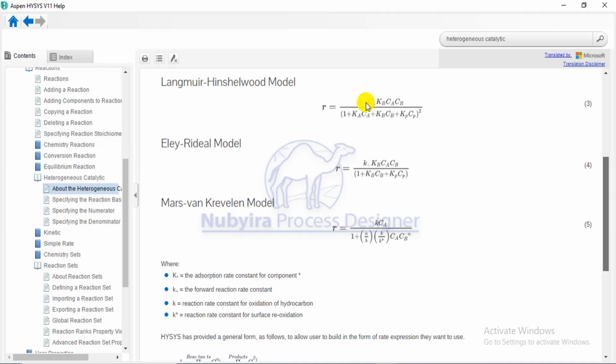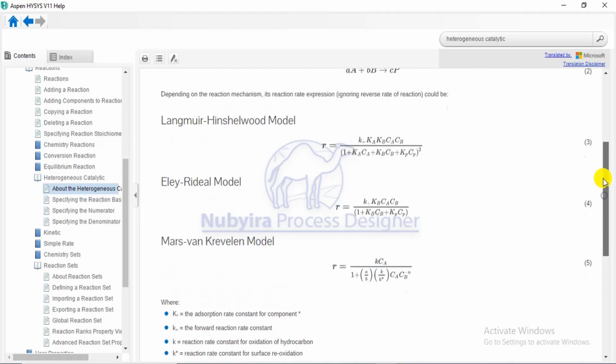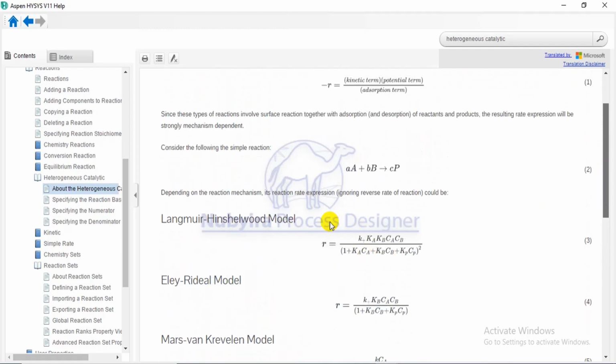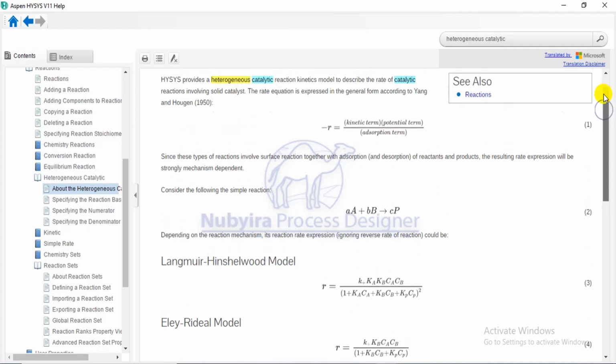So Ka is the adsorption rate constant of component A. Kb is the adsorption rate constant of component B. So this Langmuir-Hinshelwood model takes the form of the general model, which is the kinetic term multiplied by the potential term all over the adsorption term. Let's look at some examples of heterogeneous catalytic models.